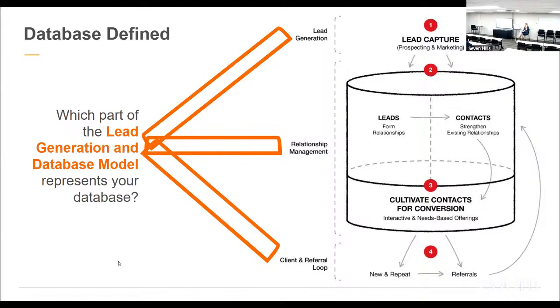These are actual people you have permission to have a two-way conversation with. A lead is a phone number that you could get from a Facebook ad, from a referral. It's just somebody that you can have a one-way conversation with. But what we want is how we get them from a lead into a contact.